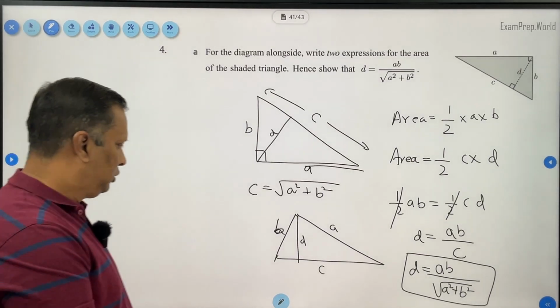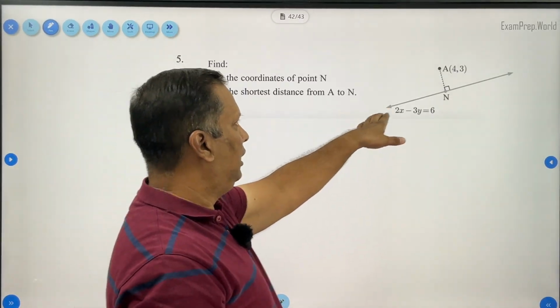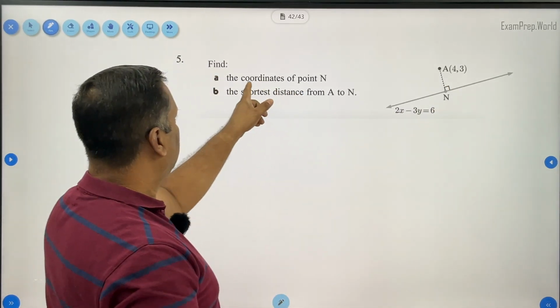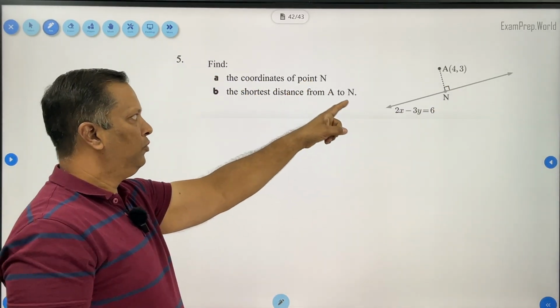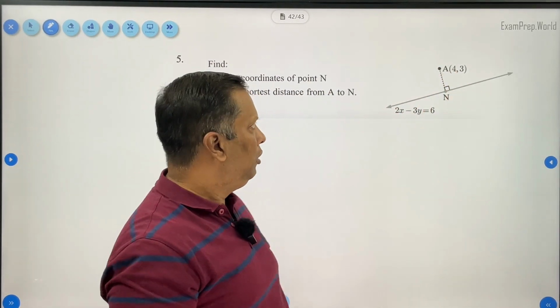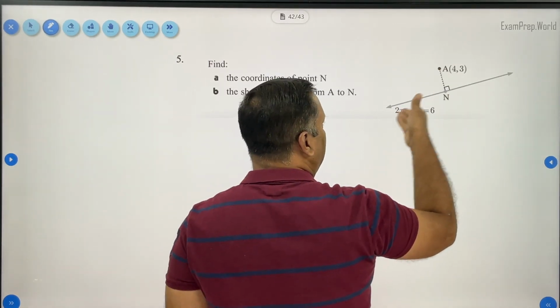So what do we have next? We have one point, a line and a point of intersection. Here they are asking us for the coordinates of N as well as the shortest distance to N. Simple. How do we find N? This dotted line is perpendicular to the baseline.